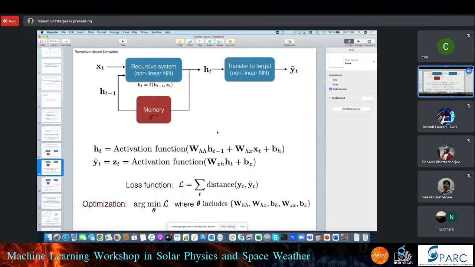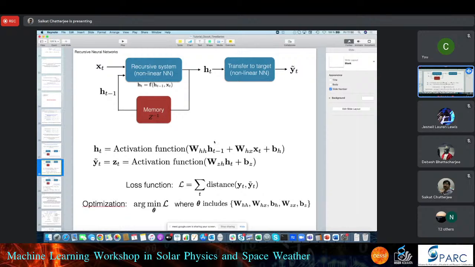Now let's give some practical examples. ht can be a very simple case, basically a function of ht minus 1 and xt, they are linear combinations. So that's why I have this matrix Whh into ht minus 1 plus Whx into xt plus some bh. bh is some bias term, okay, in a neural network.